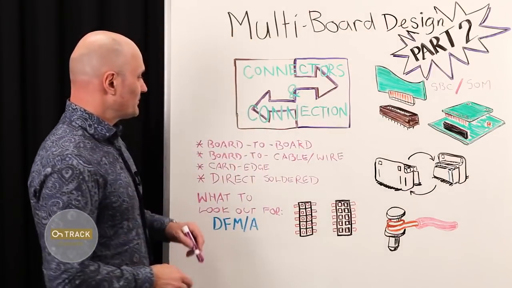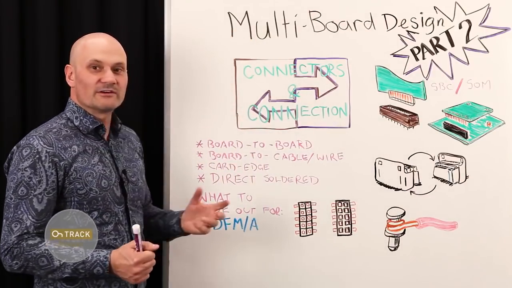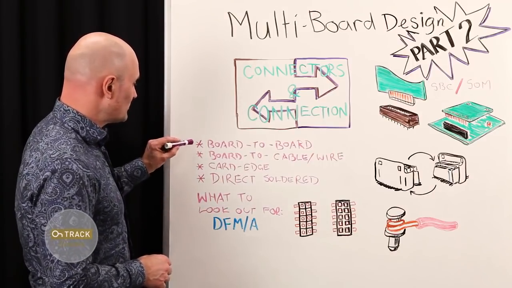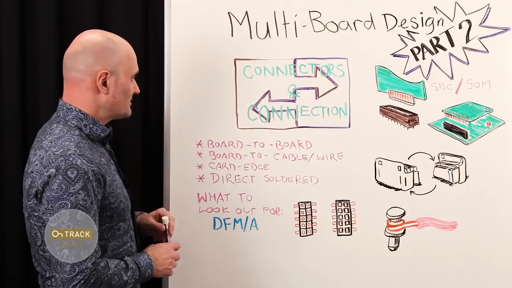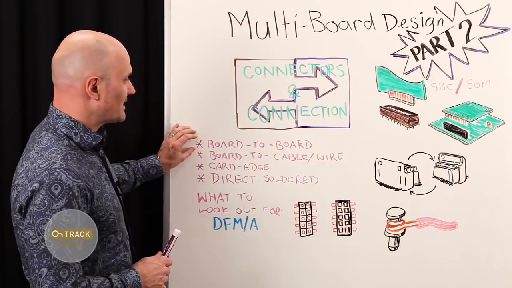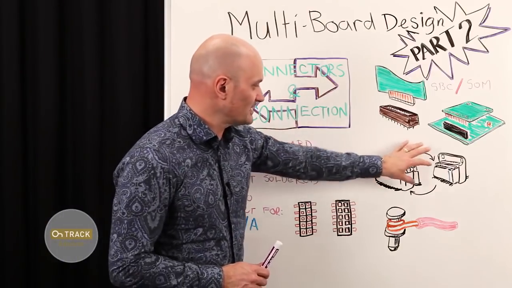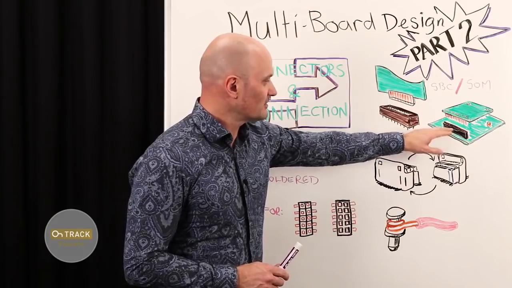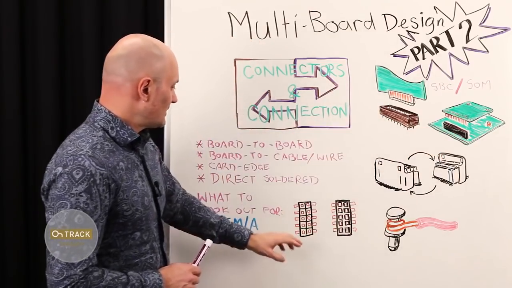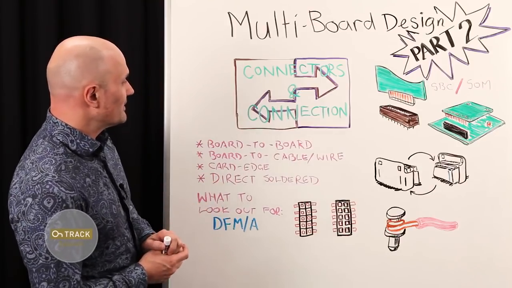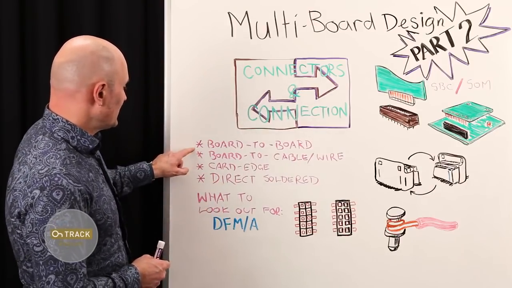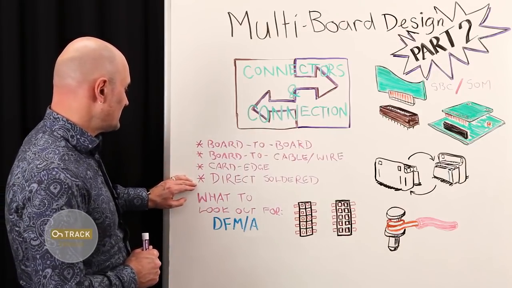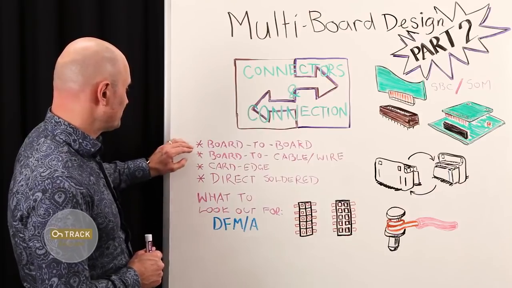So to start with, there's broadly 4 categories of interconnect solution for multi-board systems design. There's typical board-to-board connectors, and these things fall into this category, such as these hermaphroditic connectors or headers and header sockets and plugs and sockets of various different kinds. And a subset of that would be direct soldered, which I'll come to a bit later.